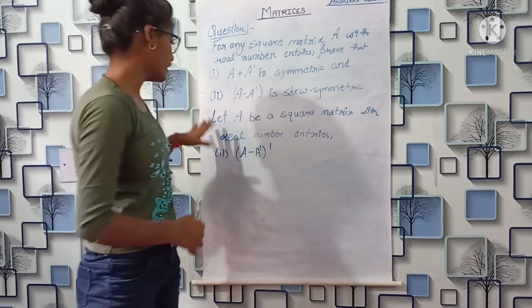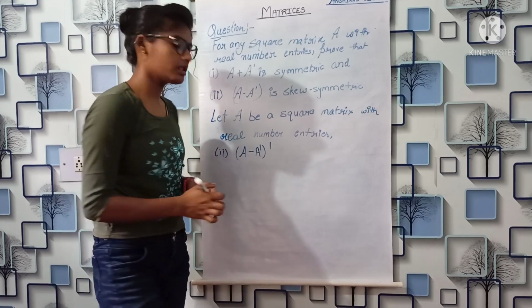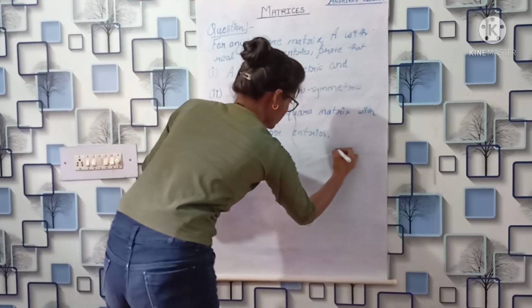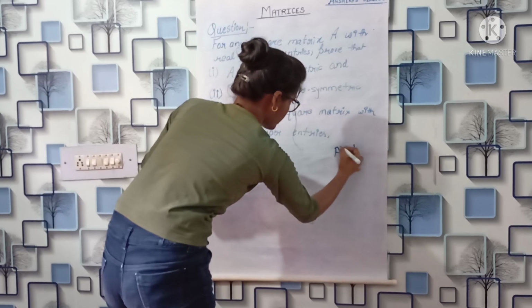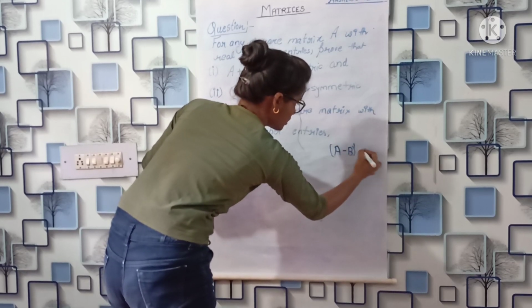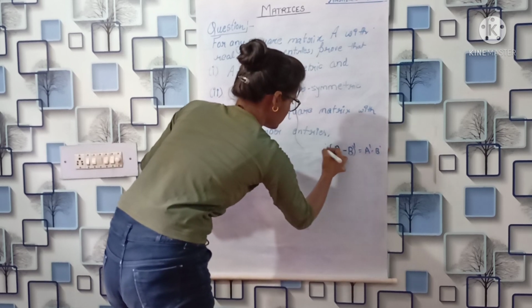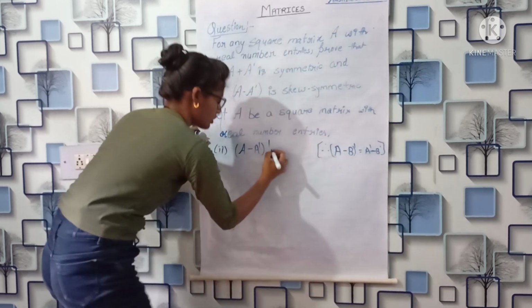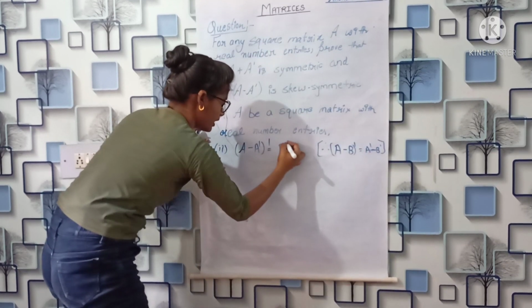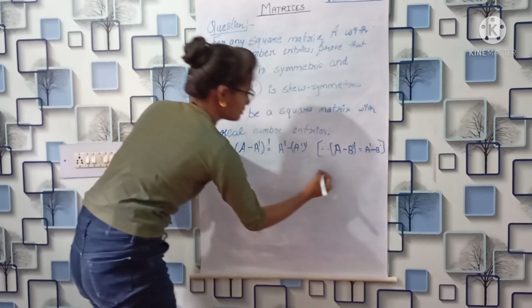So now the second one is A minus A dash whole dash. We know A minus B whole dash is equal to A dash minus B dash. So A dash minus A dash whole dash.